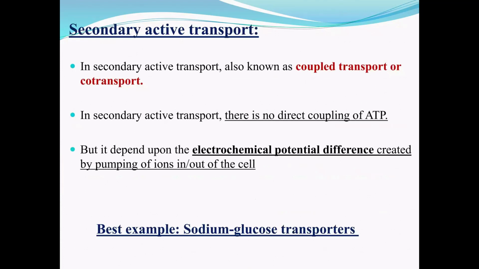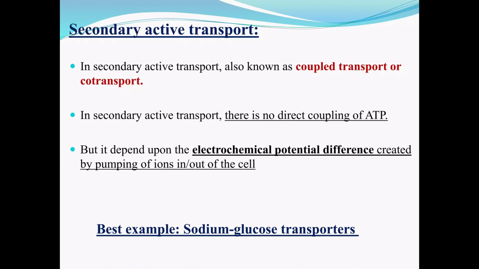The secondary active transport, also known as coupled transport or co-transport, has no direct coupling of ATP, but it depends on the electrochemical potential differences created by pumping of ions in and out of the cell.